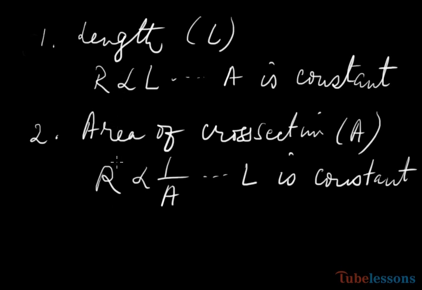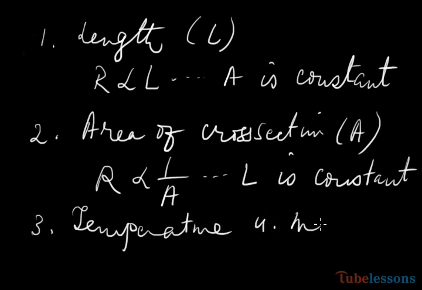Other than length and area of cross section, there are two main factors. One is temperature and the other is material. With the change of temperature, resistance changes, and we will discuss between resistance and temperature later on.